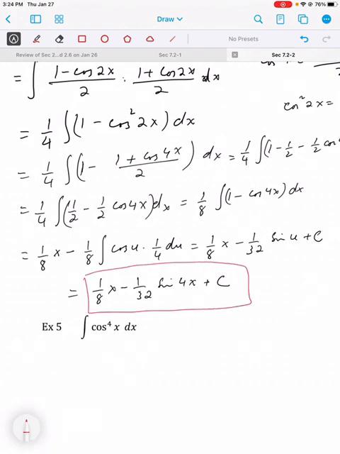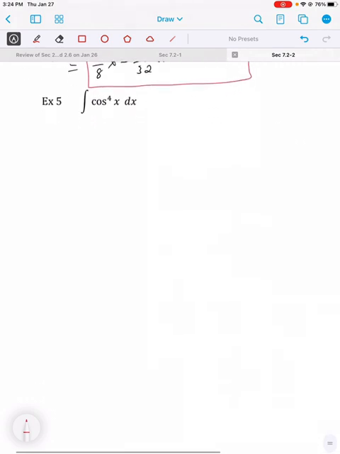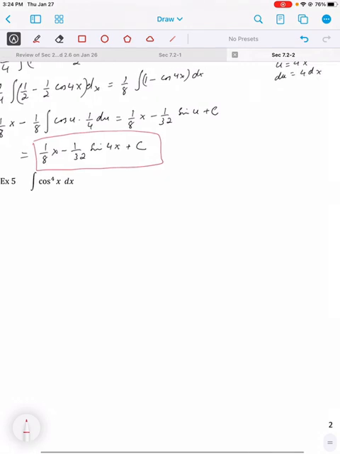Okay, so the next one is cosine raised to the power 4 of x. In this case we are going to use the half angle formula for cosine square, which we already know.